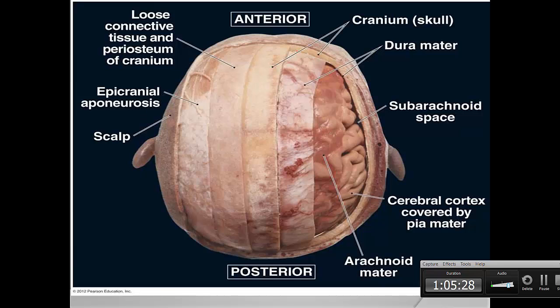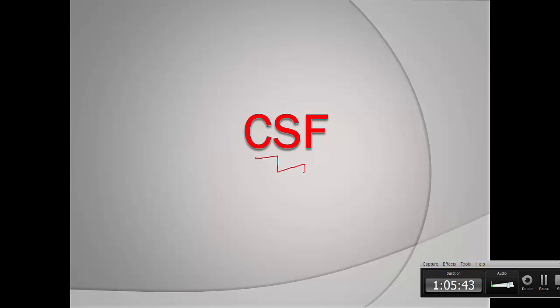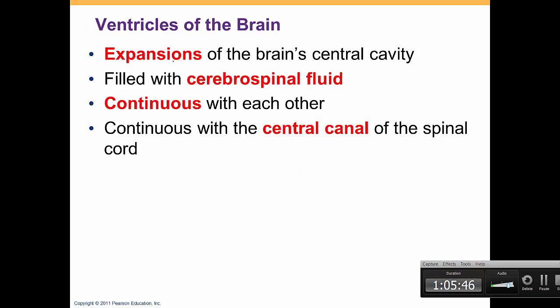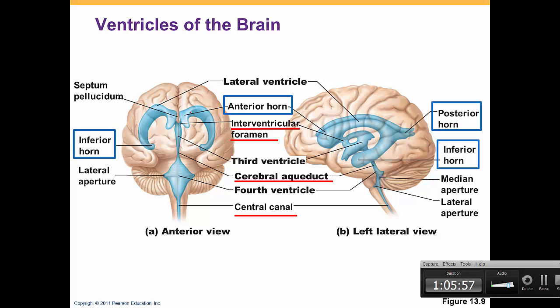Here is a picture that shows you all these 3 layers. The first one here, the tough one, is my dura, and the arachnoid is just below that. The one that's on the brain is going to be my pia mater. Next is the CSF, my cerebrospinal fluid, and this one is made continuously and it's being removed from the ventricles. As you can see here, I have my lateral ventricle, which is C-shaped.